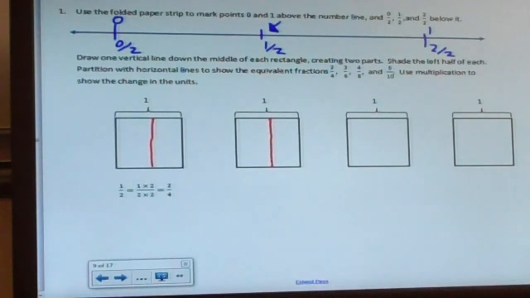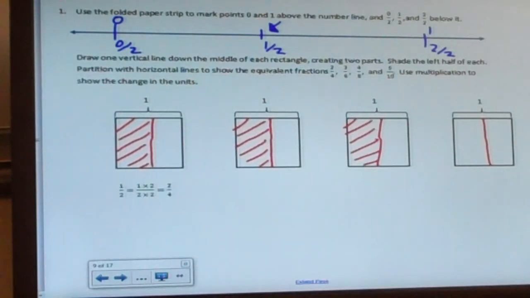So let's start by drawing that vertical line down the middle. And it says shade the left half of each. So as of right now, all of these fractions are representing what? All of our fractions are representing 1/2.